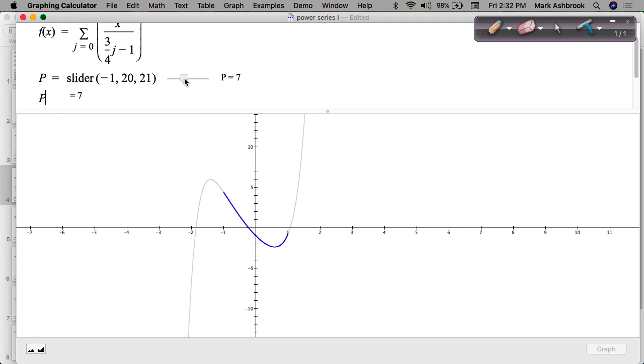So notice that the blue part is honing in and getting more and more still, right? It's converging upon a particular function. But outside of that, like on the left, it keeps flipping negative, positive, infinity. And on the right, it's just heading out to positive infinity. So here's the 20th degree polynomial.